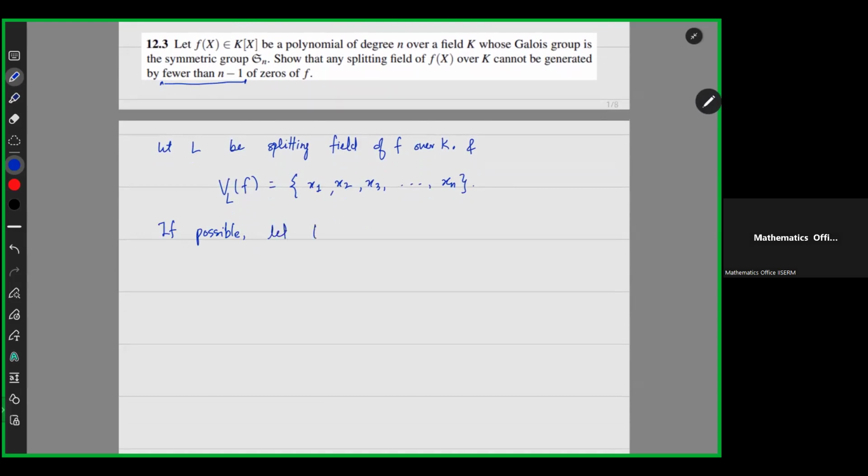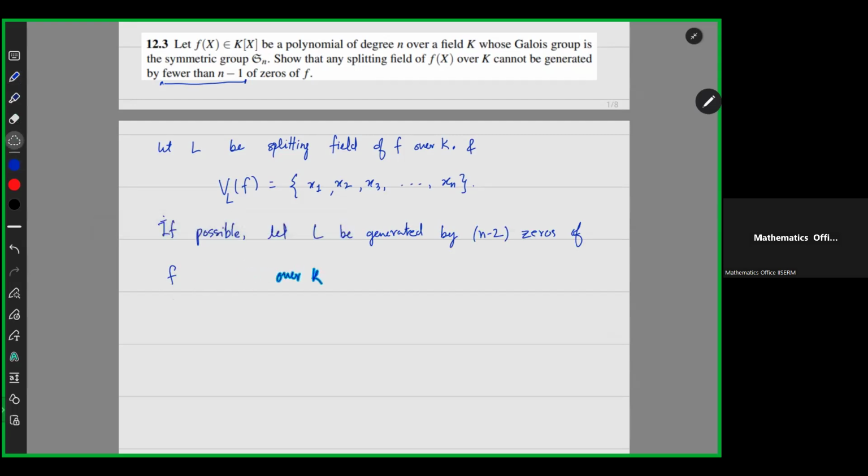Let L be generated by n minus 2 zeros of F over K as a field over K.